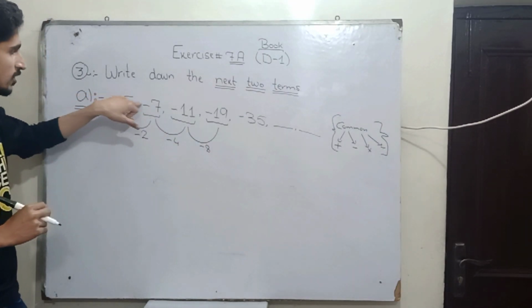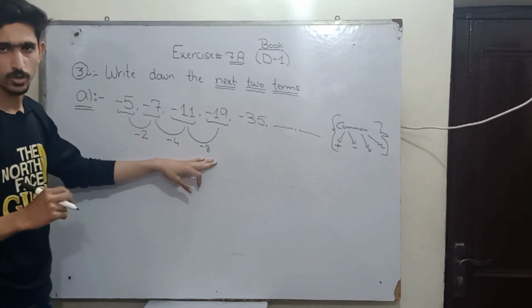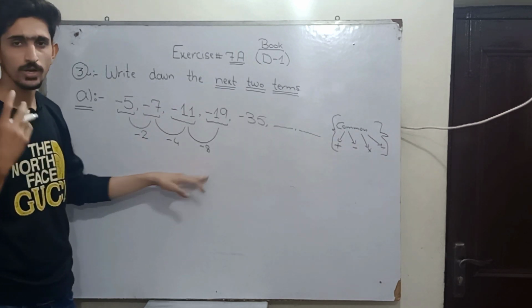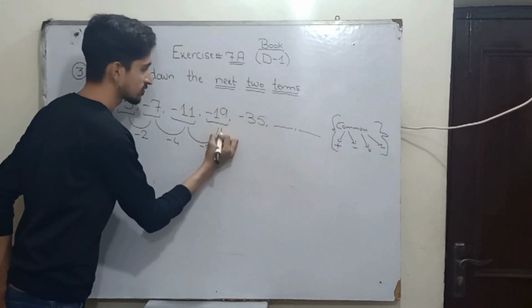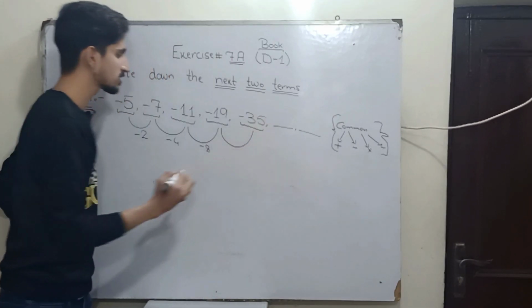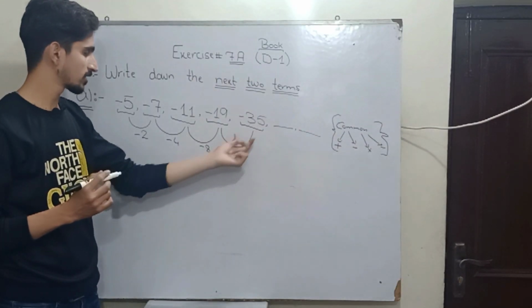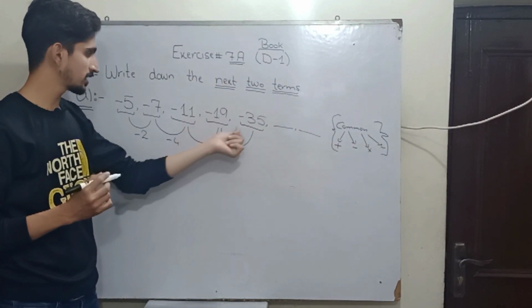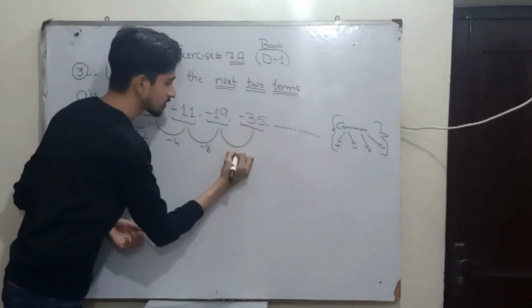The sequence is decreasing, and the common difference also gradually decreases, as the terms decrease. The difference between -19 and -35 is -16, if I am not wrong.